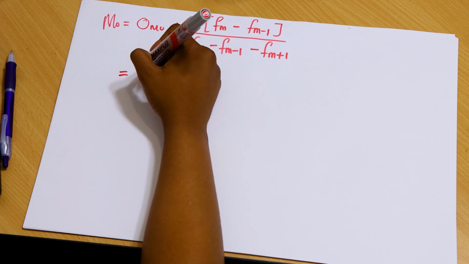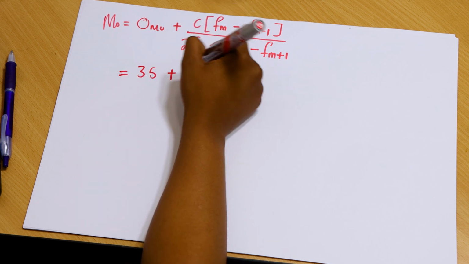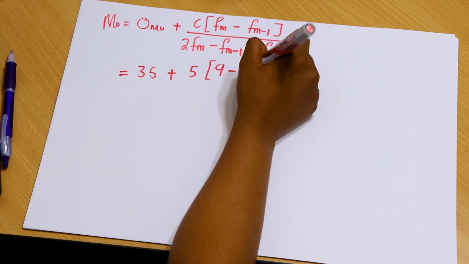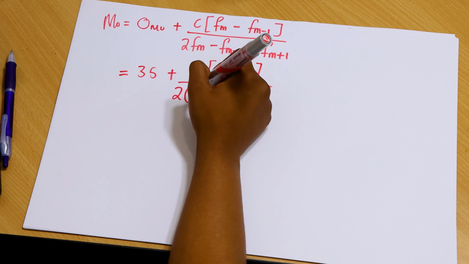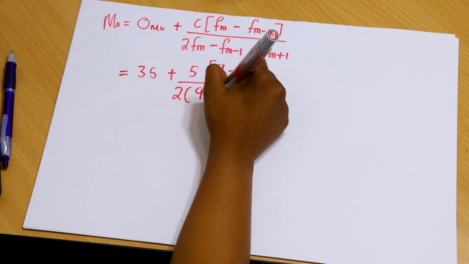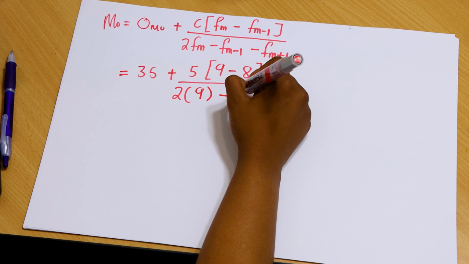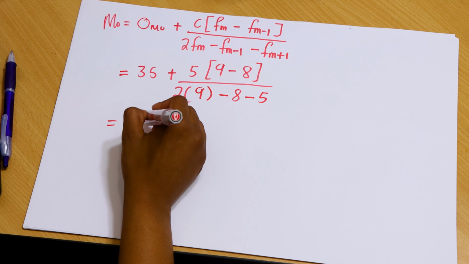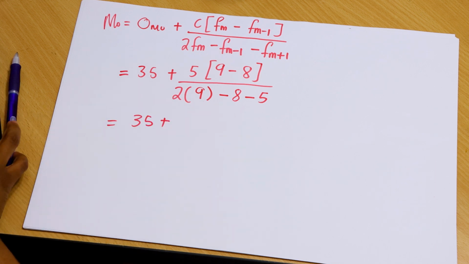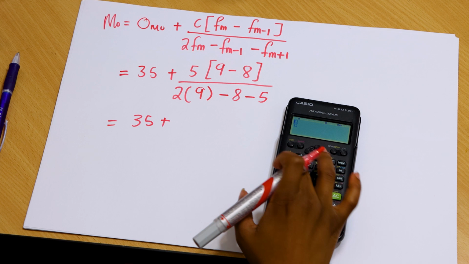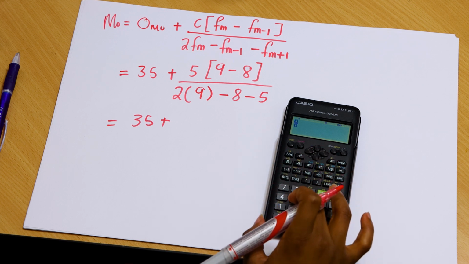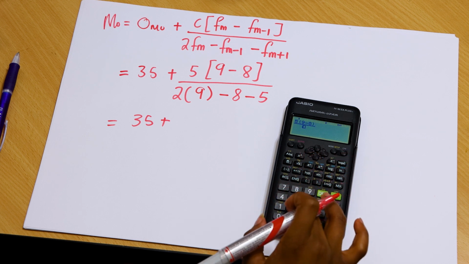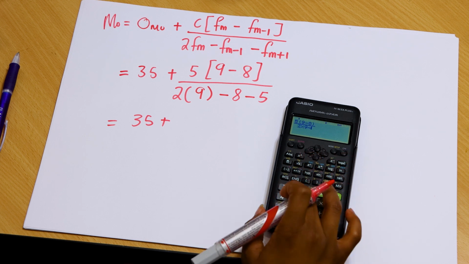Therefore, it would be 35 plus 5 multiplied by 9 minus 8, divided by 2 times 9 minus 8 minus 5.